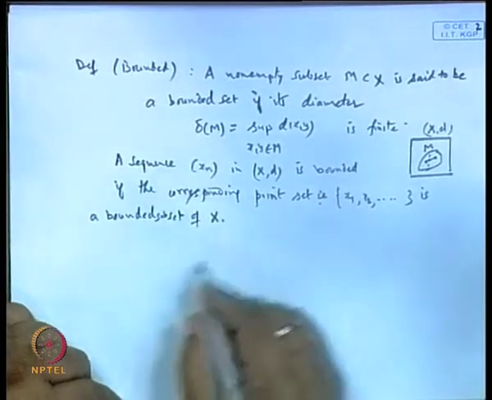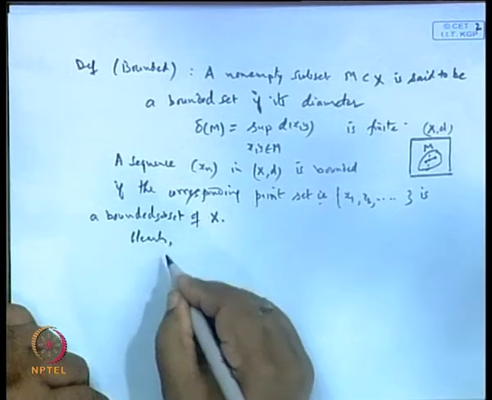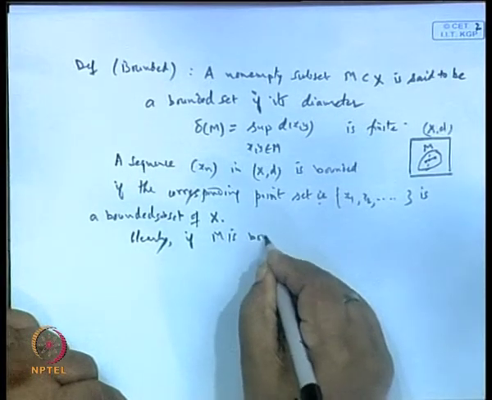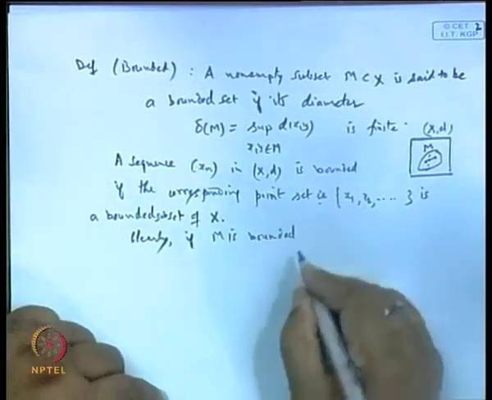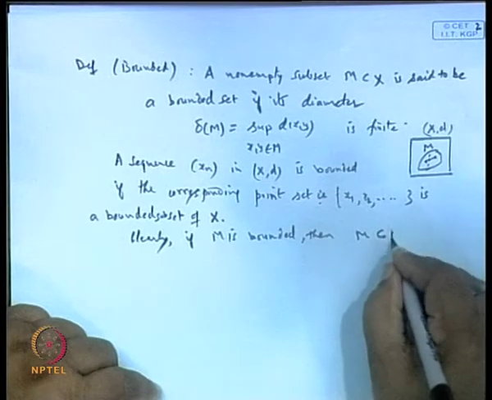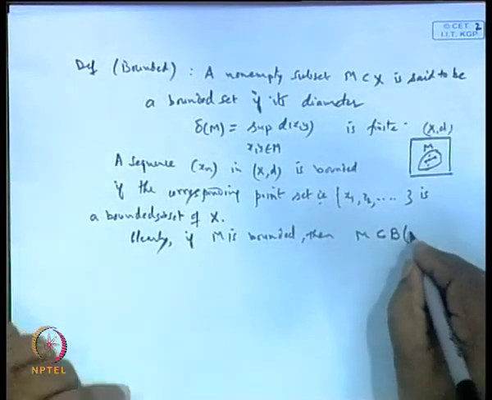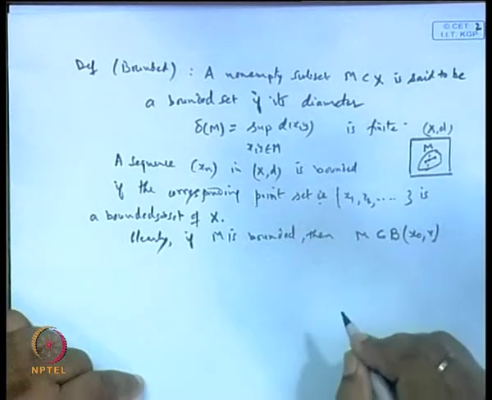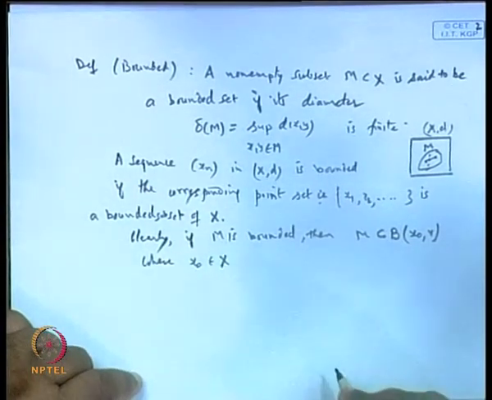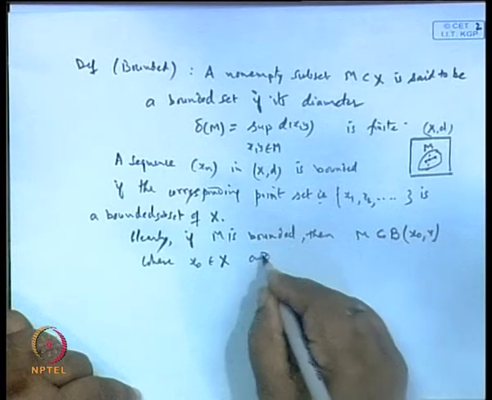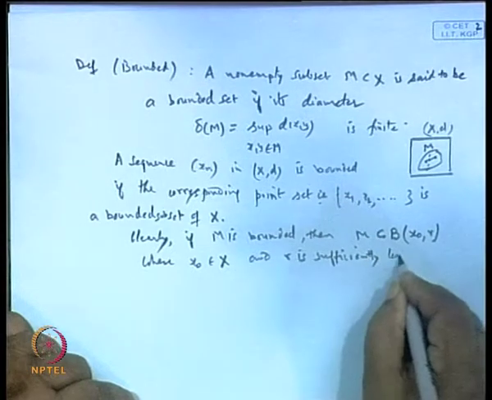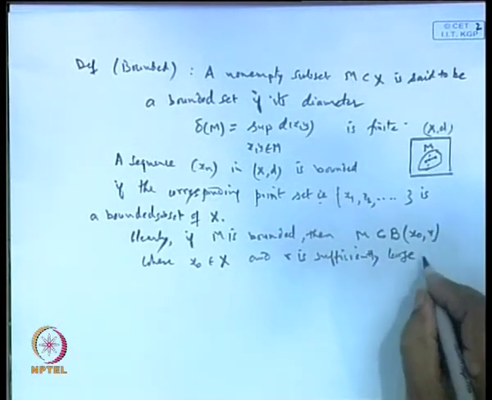So basically, clearly, if a set M is bounded, then M can be contained inside an open ball centered at x_0 with a suitable radius r, where x_0 is any point in X and r is a sufficiently large real number.